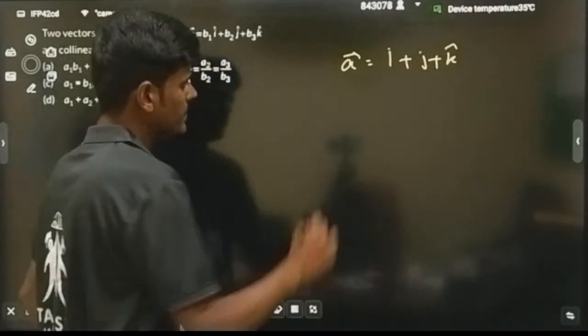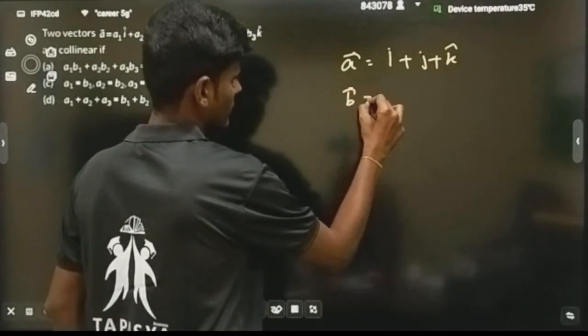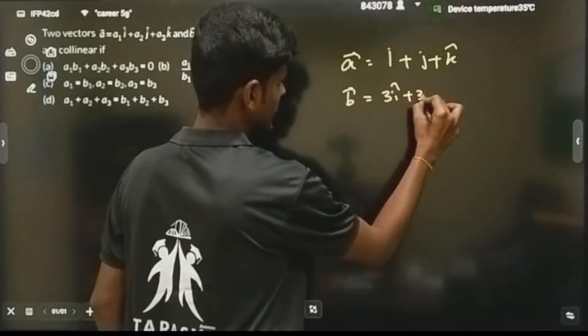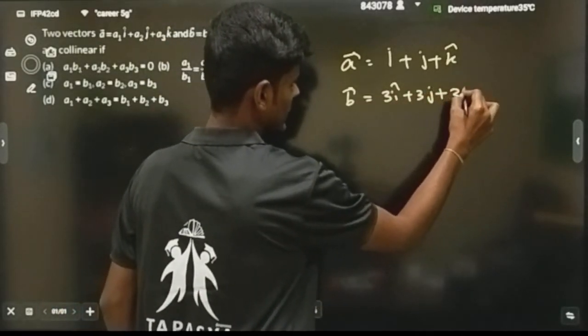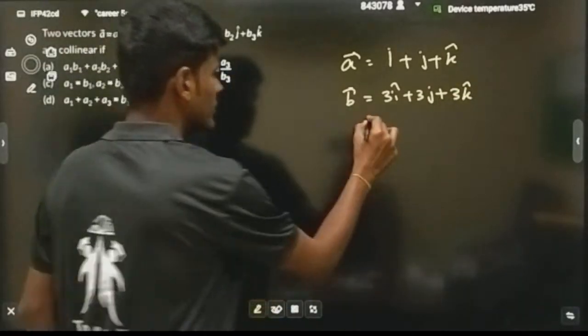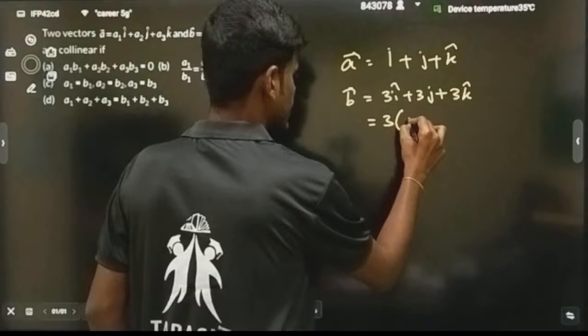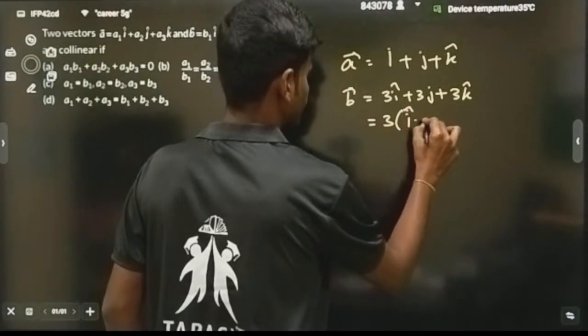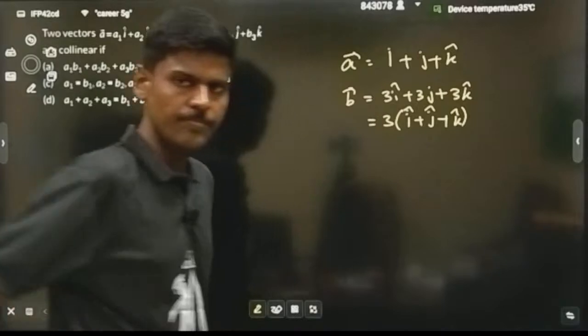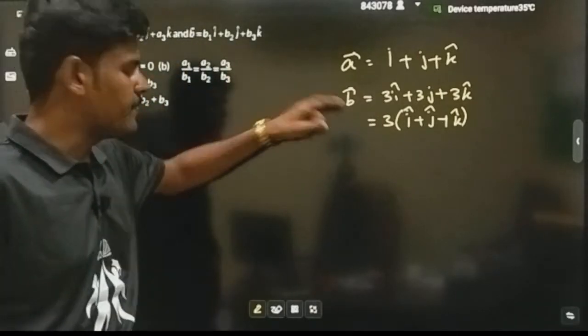I am giving one example. B vector as 3 i cap plus 3 j cap plus 3 k cap. Now this vector can be written as 3 times of i cap plus j cap plus k cap. Yes or no? Yes. Are these two parallel?